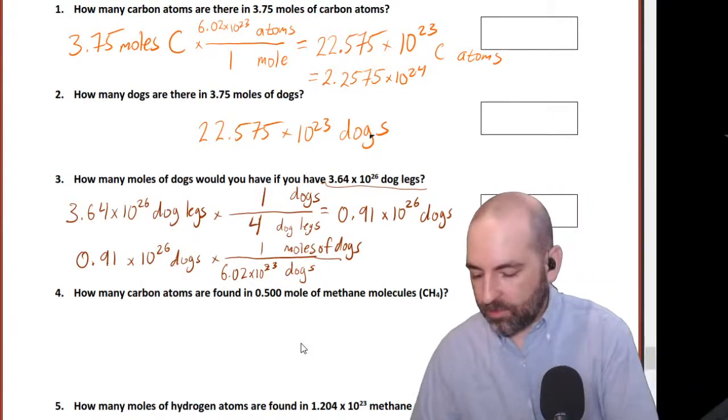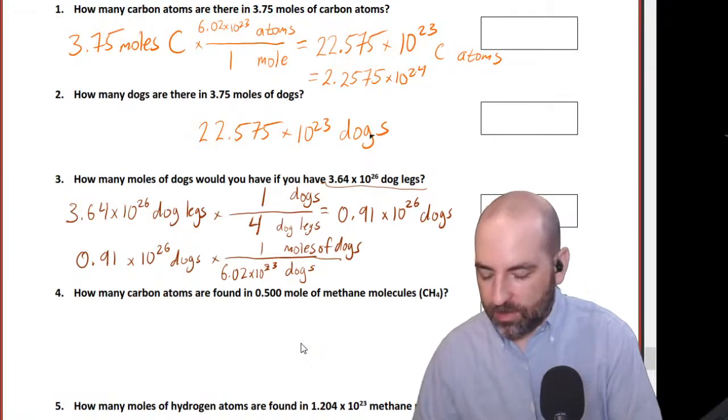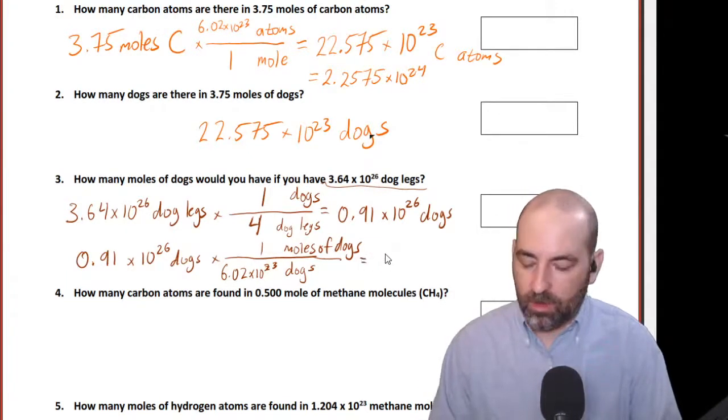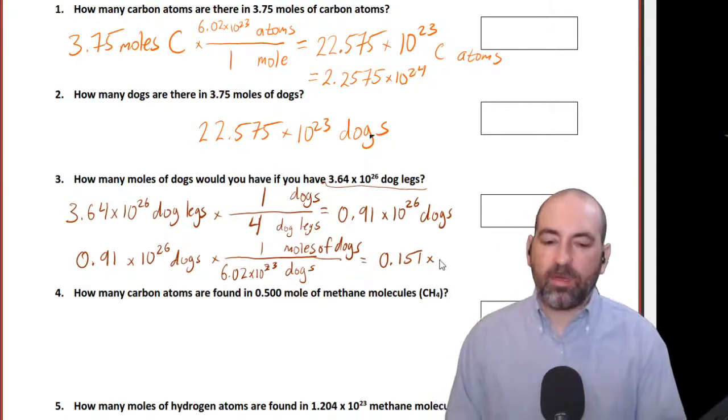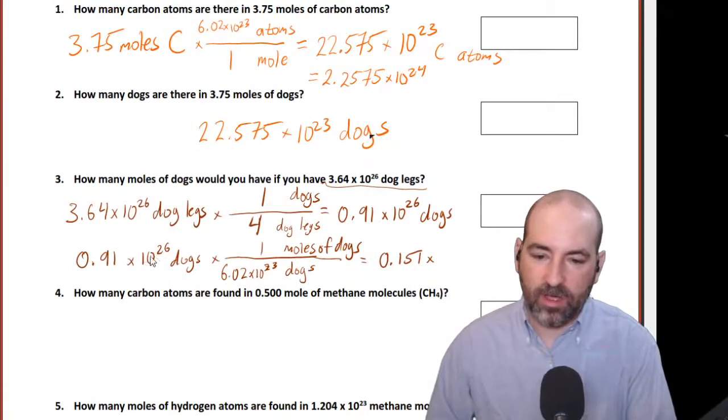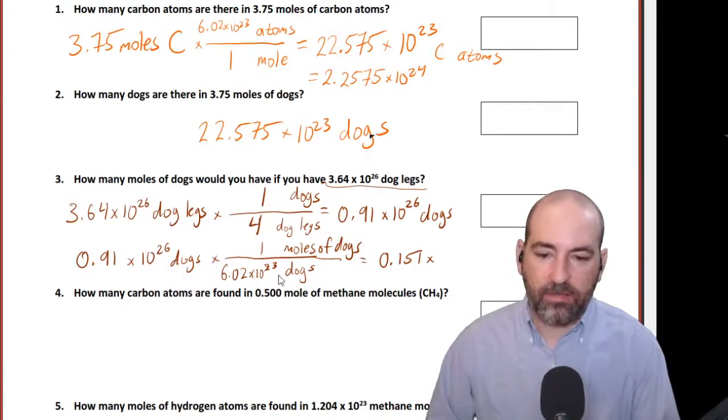So I'm going to divide my 0.91 divided by 6.02. And I'll get 0.15. I'll add another place there, 0.151. And now to get my exponent, since my calculator can't do that, I'm going to look at the two and go, okay, it's 10 to the 26th divided by 10 to the 23.